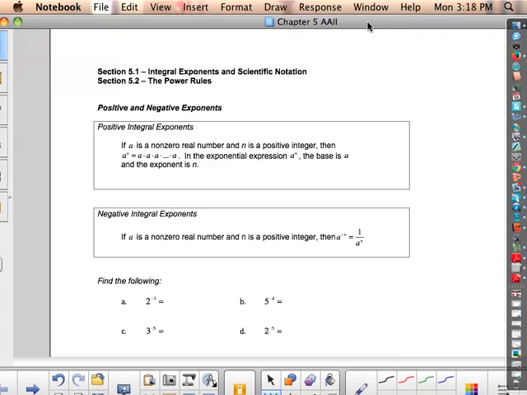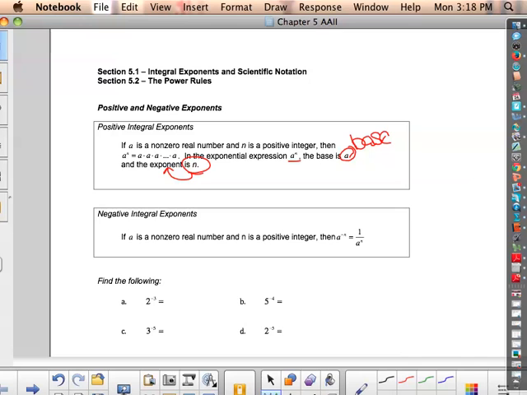In exponential form, a to the n, a is the base and n is the exponent. For negative integral exponents, if a is a non-zero real number and n is a positive integer, then a to the negative n is 1 over a to the n.